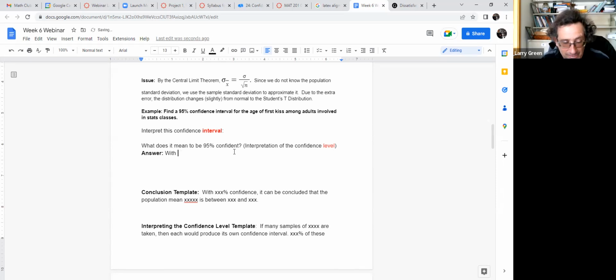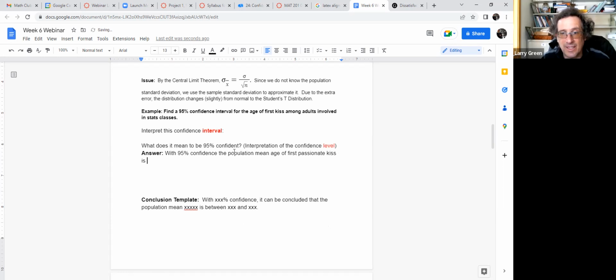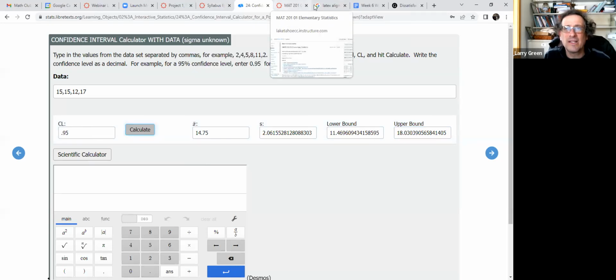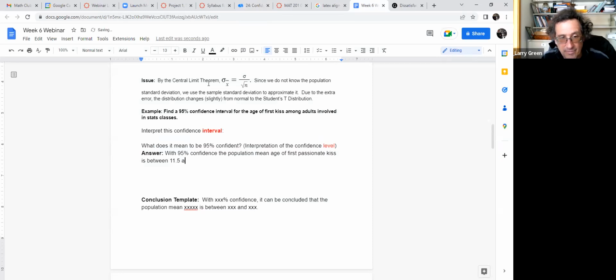With 95% confidence, the population mean age of first passionate kiss is between, and now let's go back and get it, 11.5 and 18.0 years old. Any questions on that?